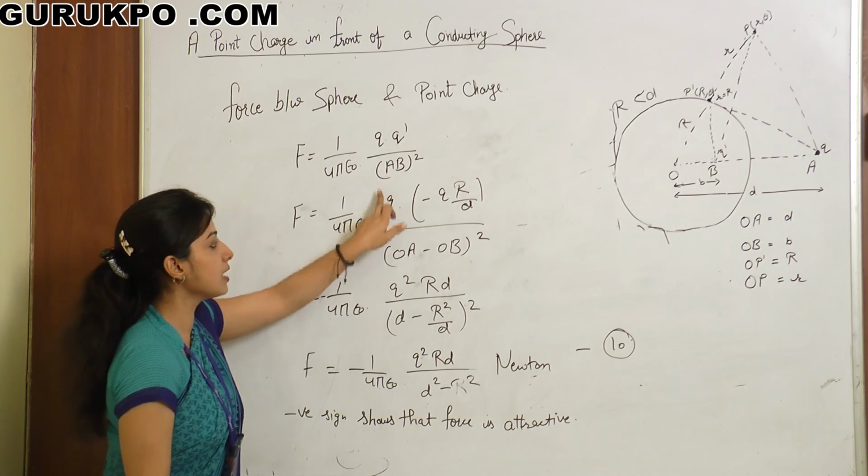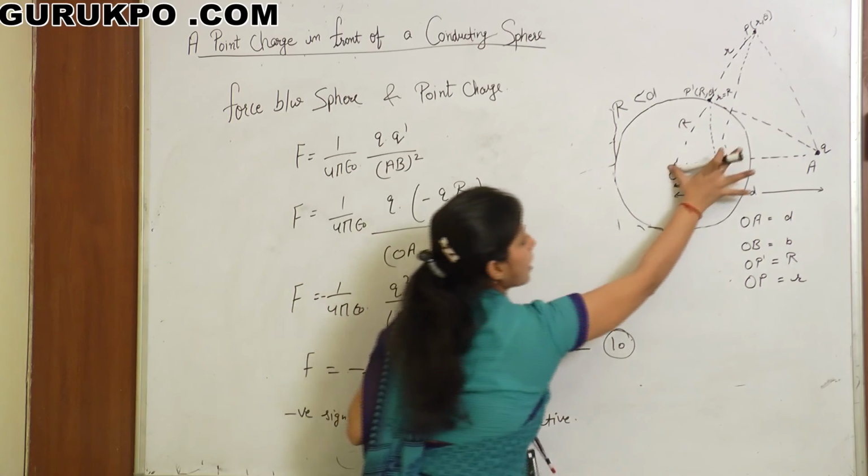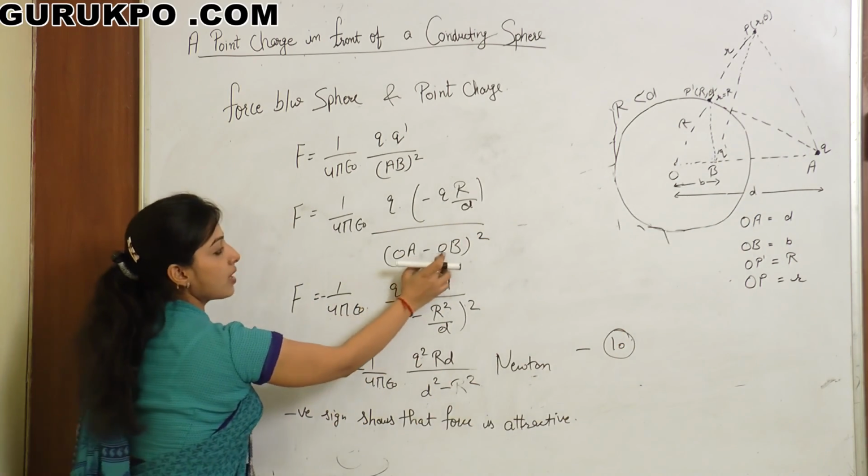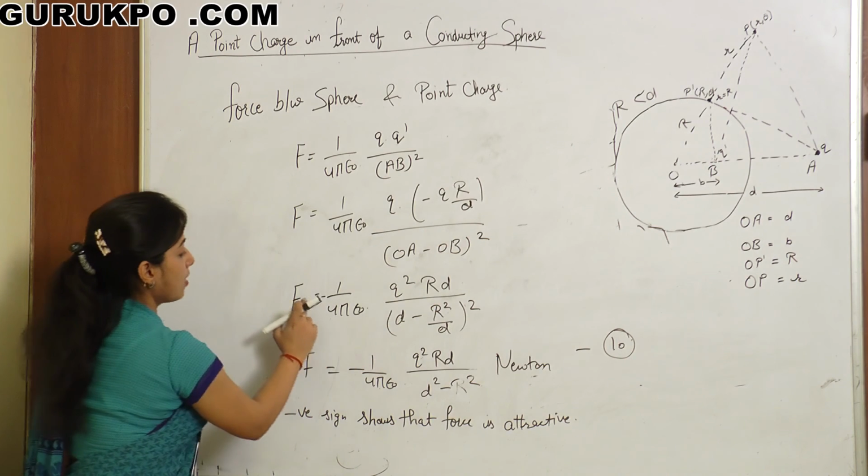AB can be written as OA minus OB, whole square.